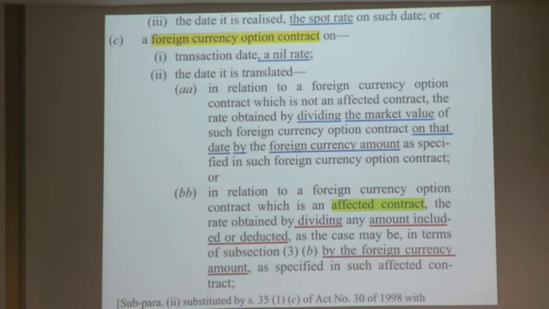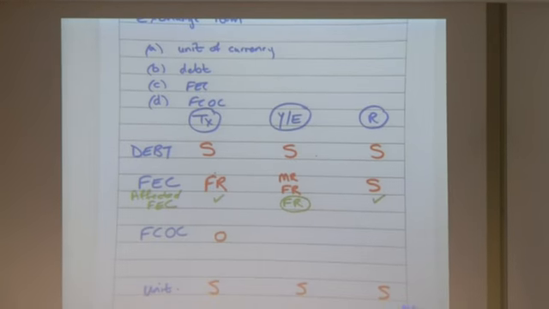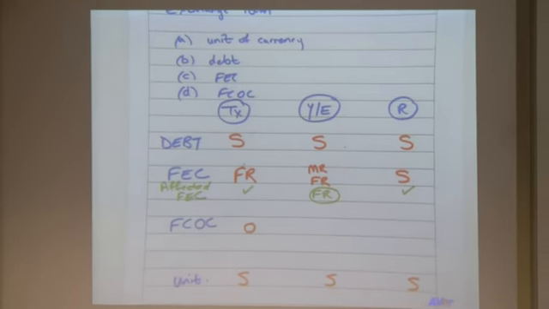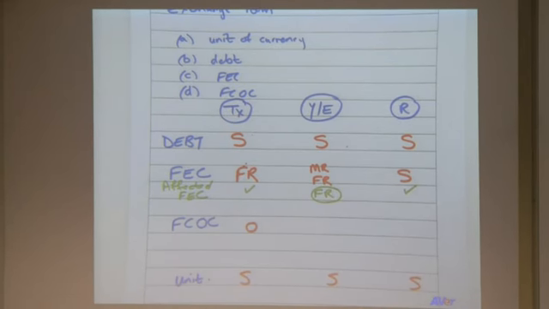Where I normally have a spot rate or a forward rate, something like 13 Rand or 12 Rand 50 to the dollar or the pound or the euro, with this currency option contract, my transaction rate, so my exchange rate on transaction date, must be nil. That's given. So I'm always going to have the nil value in that bracket for my first calculation.